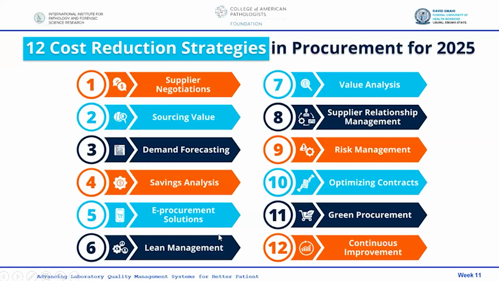Okay, so in procurement, you don't purchase things you don't need in the lab. So that's where lean management comes in. Value analysis, you analyze the value it gives. Supplier relationship management, I've explained that before. And also risk management, you have to be proactive, optimizing contracts, green procurement, we've discussed that, then continuous improvement in your procurement practices.